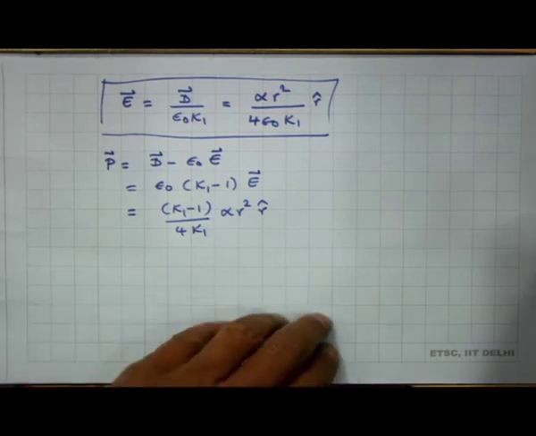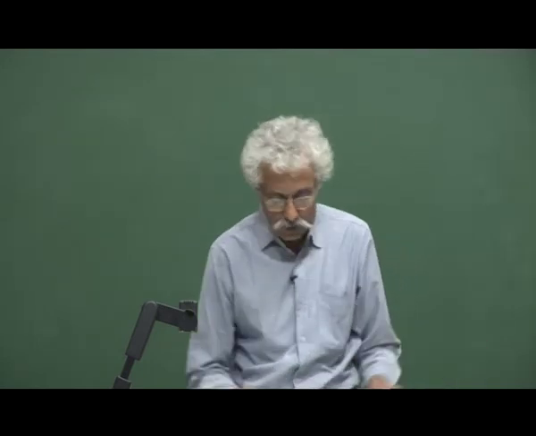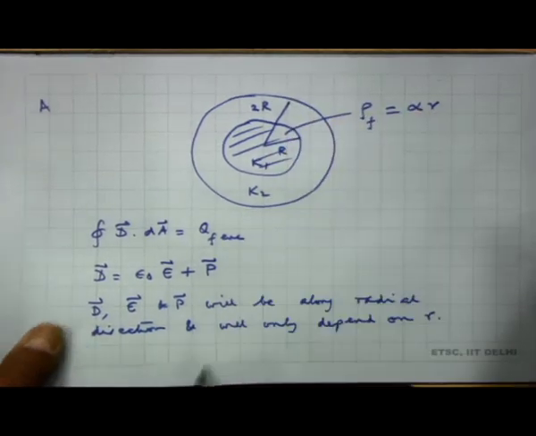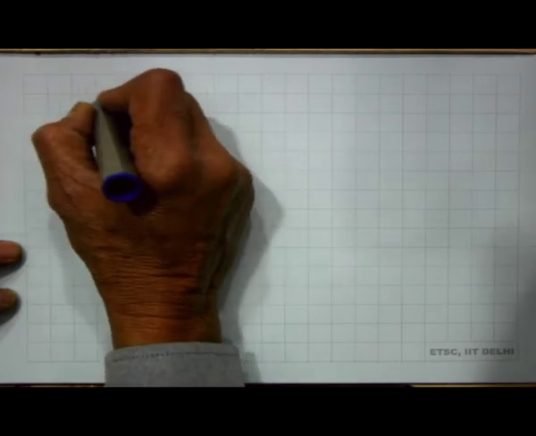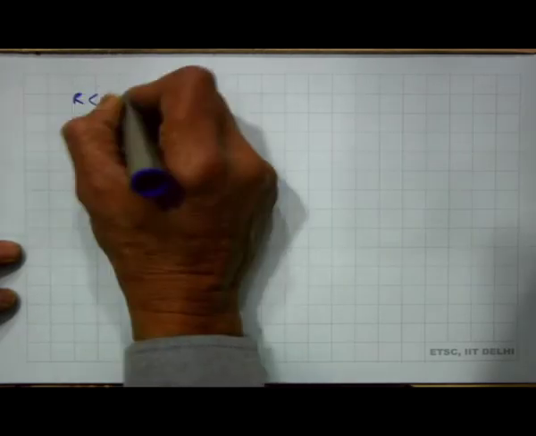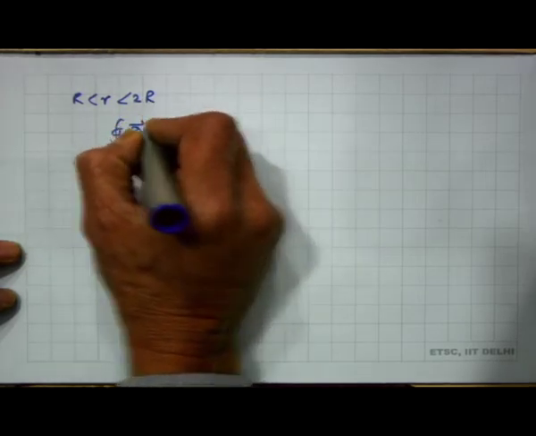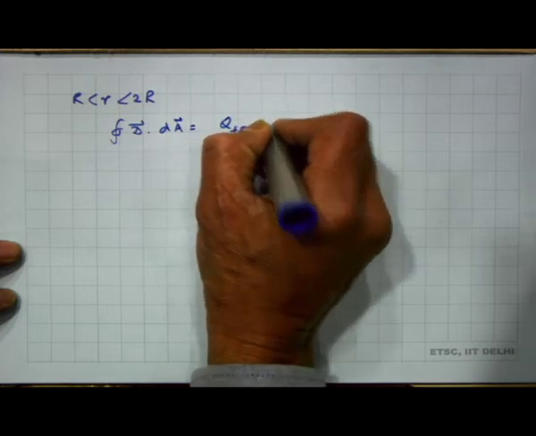Now, I can similarly do this for the space between the two dielectrics. That means, in this spherical shell between capital R and capital 2R, again for r greater than R but less than 2R, I will use this formula, integral D dot dA is equal to Q_f enclosed.